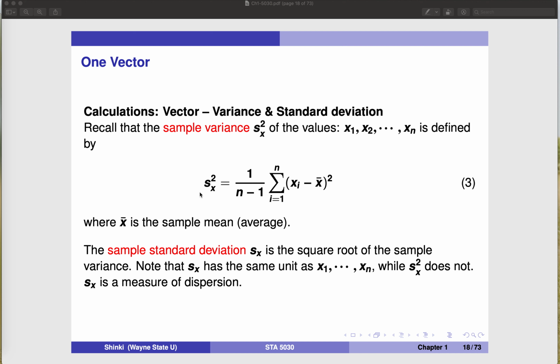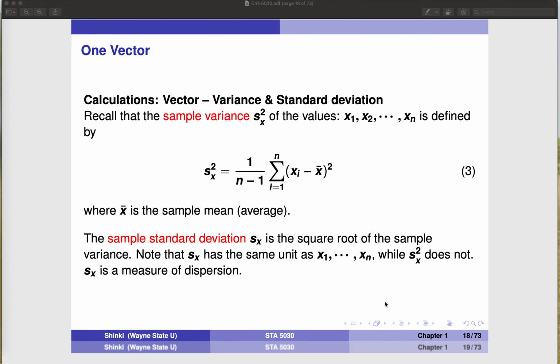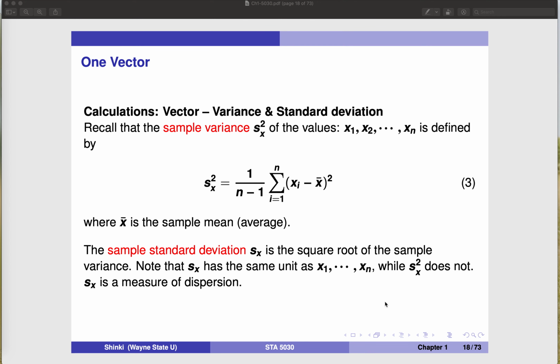So S sub x square is harder to interpret, so we take the square root of this, and define S sub x as the sample standard deviation. This has the same unit as the original observations x1 to xn. So this is a more interpretable measure of dispersion or variability.